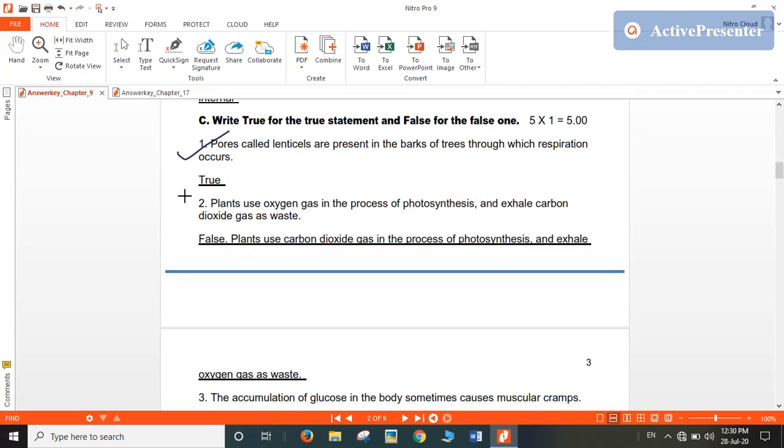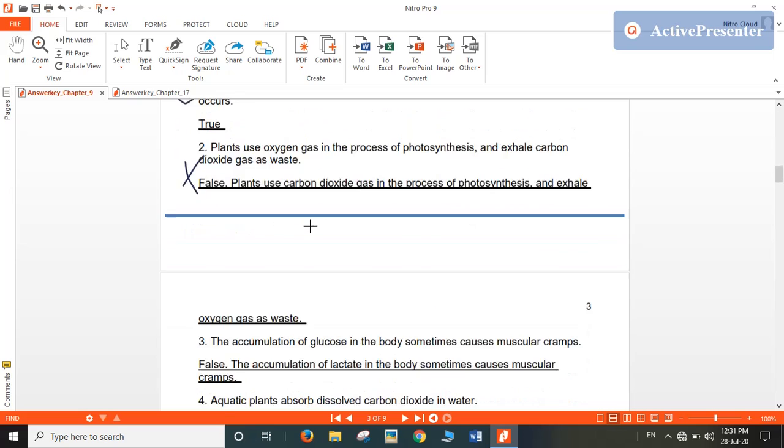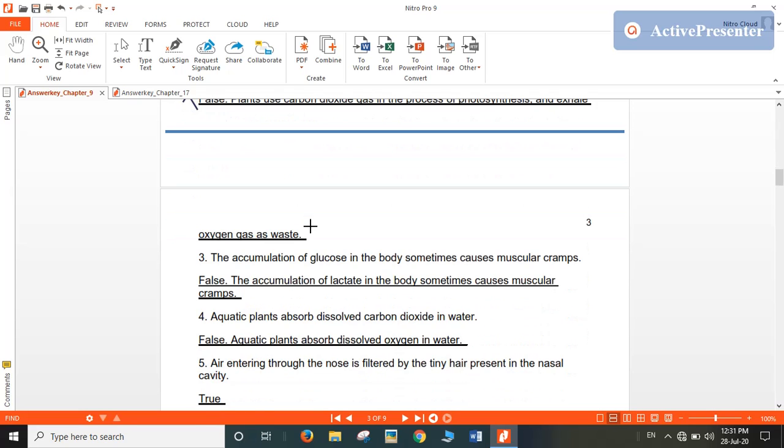Then: plants use oxygen gas in the process of photosynthesis and exhale carbon dioxide gas as waste. No, the statement is false because plants use carbon dioxide gas in the process of photosynthesis and exhale oxygen gas as waste.